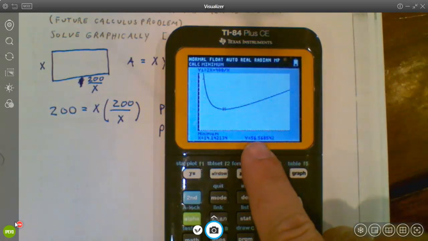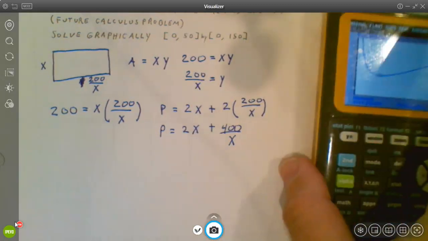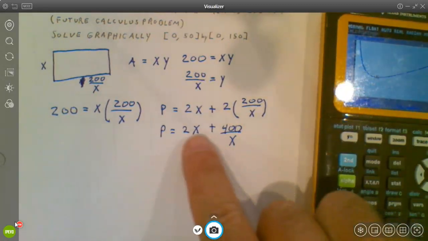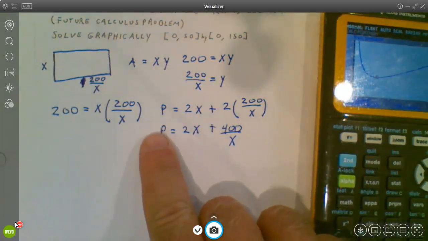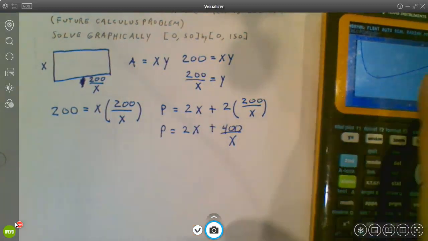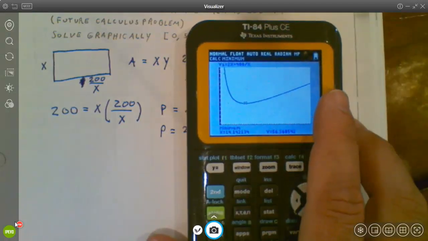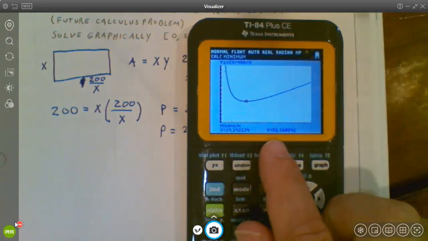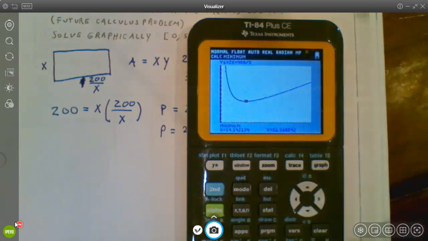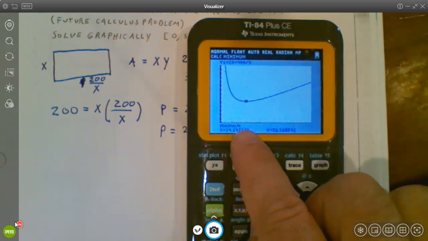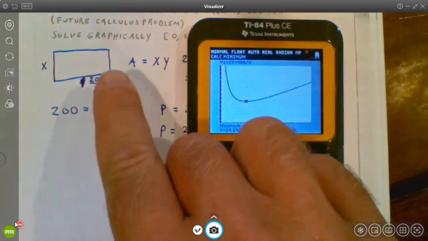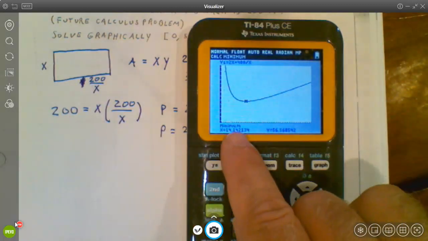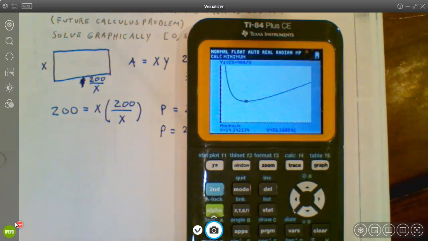Well, that would be this guy, right? Remember, because in the function that we just graphed, my x represents a side length, but my y value represents the perimeter. So they could have just said, what's the smallest perimeter? And we would have used this number. But this one said, what are the smallest dimensions? So I would put this as one of the dimensions. And then if I did 200 over this number, that would give me the other dimension.